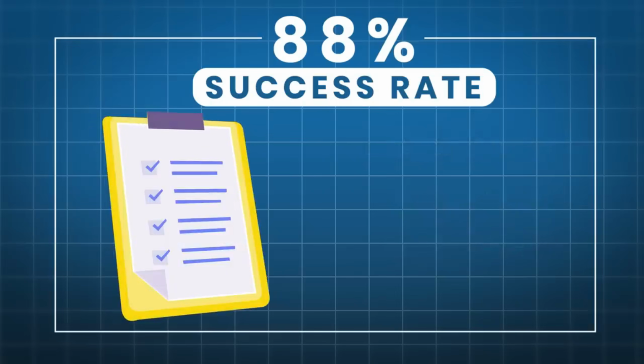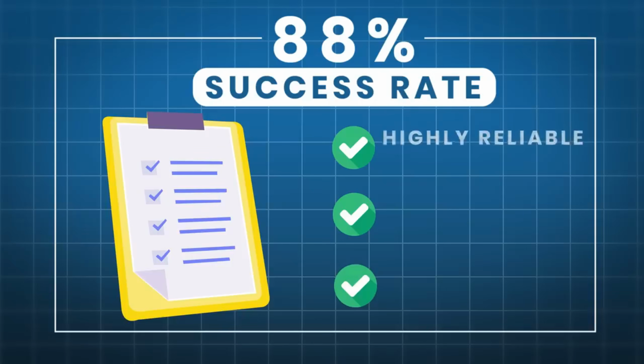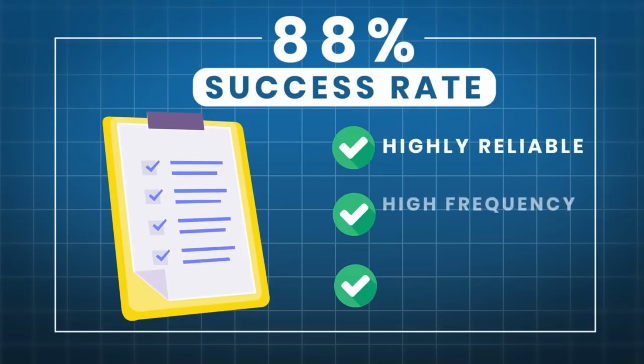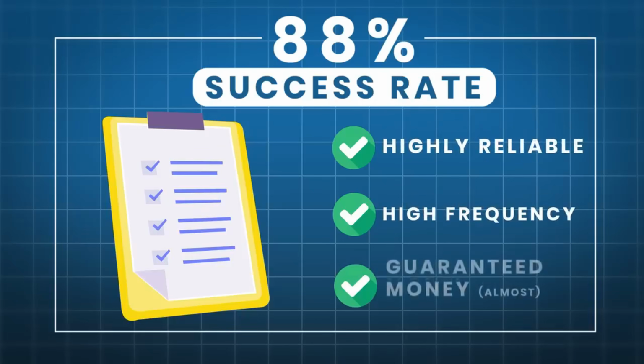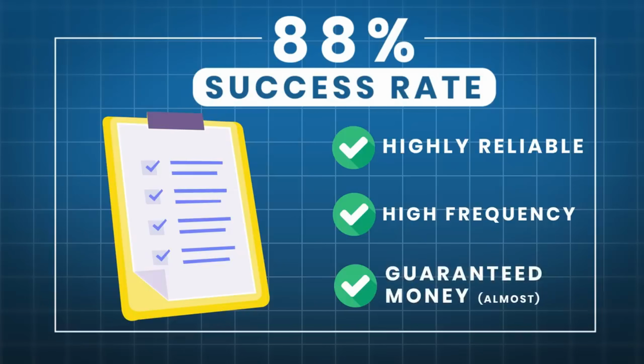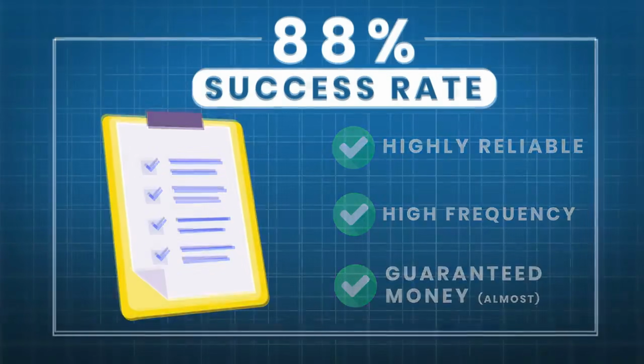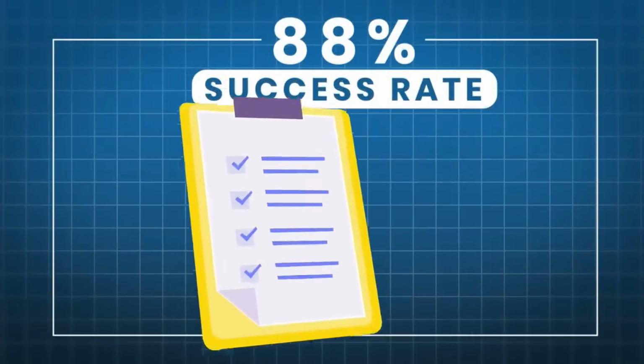Do you understand? I got a small handful of bread and butter plays that are so highly reliable that I play them heavily. And what I mean by bread and butter, they happen regularly enough to just be almost guaranteed money. The bread and butter or go-to play I want to talk about today is that crash into support.